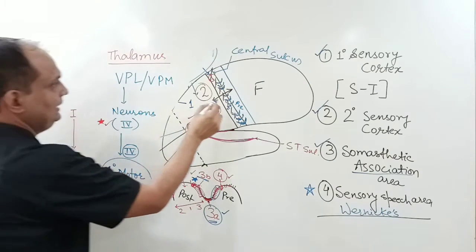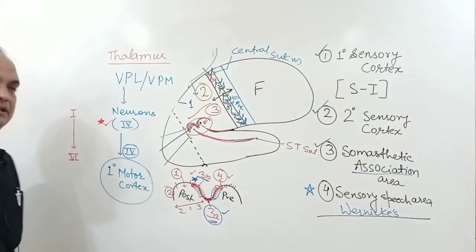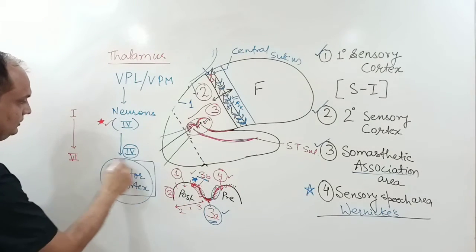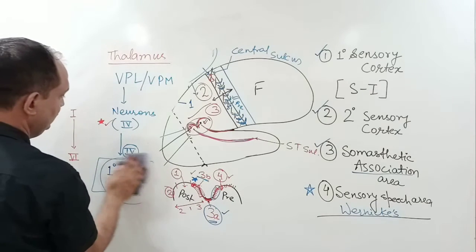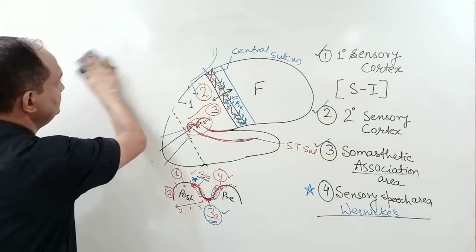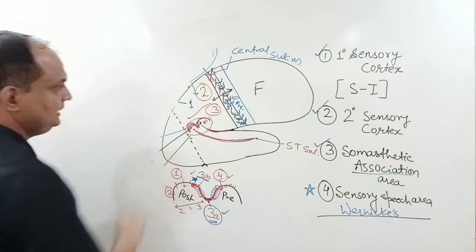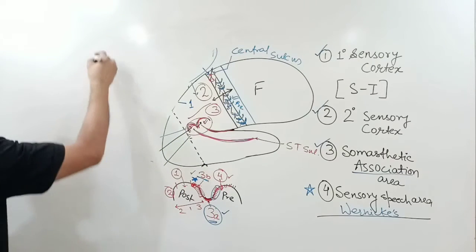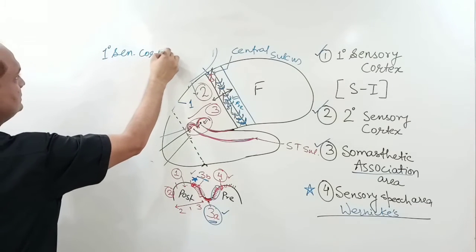So the sensory cortex influences the primary motor cortex, and that is the influence of sensation on the motor output. Apart from that, some of the corticospinal and corticonuclear fibers also take origin from this primary sensory cortex.